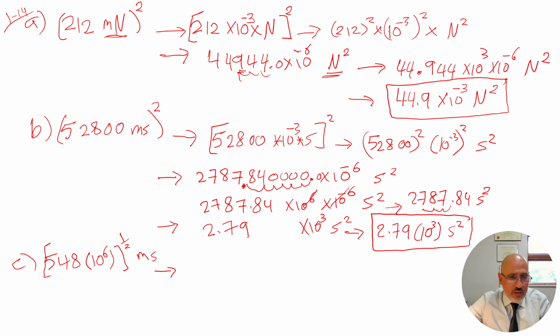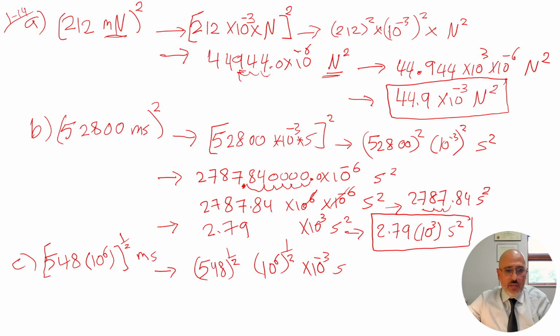So I will say this is 548 to the power half. We are distributing this power into the multiplication inside the brackets. And then I can put 10 to the power 6 to the power half and multiplied by 10 to the power minus 3 seconds. So this is the simplification.